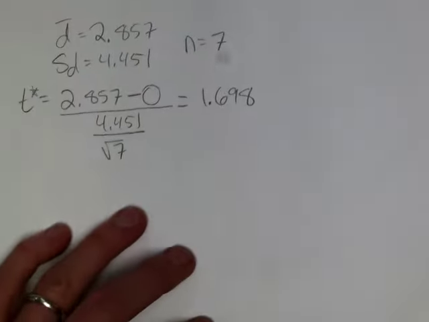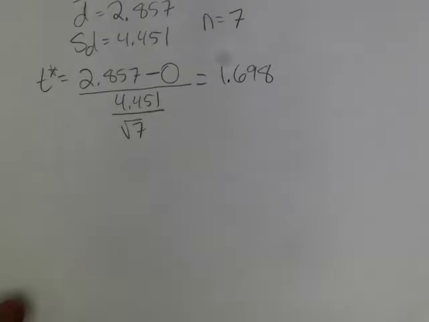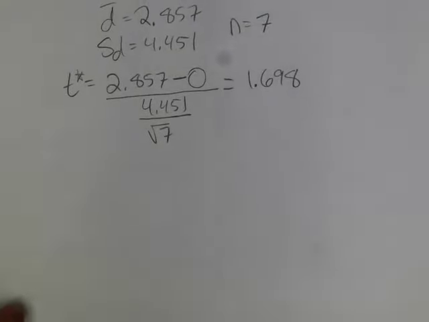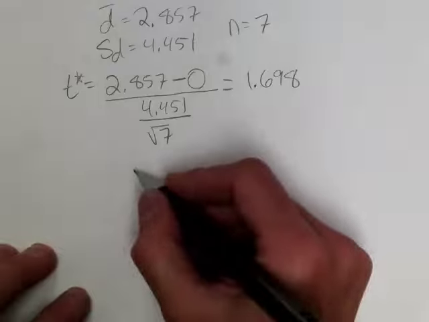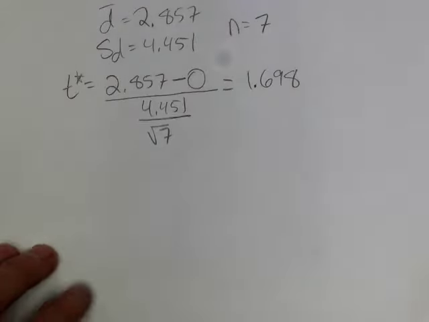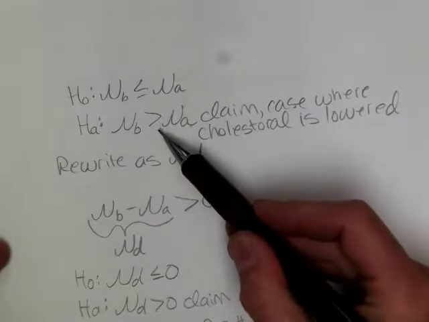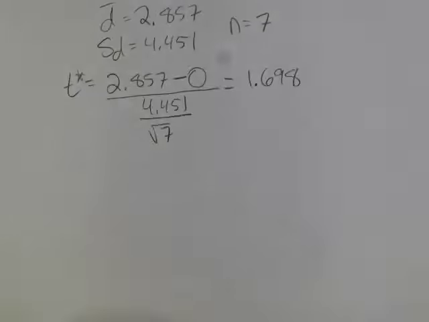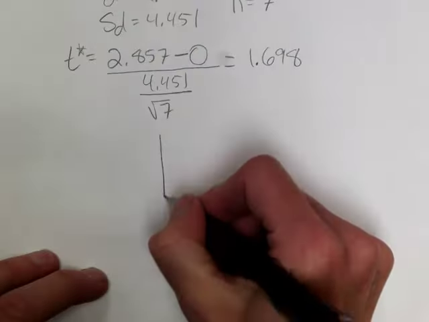Okay, so now I need to go ahead and compare that to a critical value. Looking back at the alternative, this is an upper tail test, and remember the t-distribution is bell-shaped.